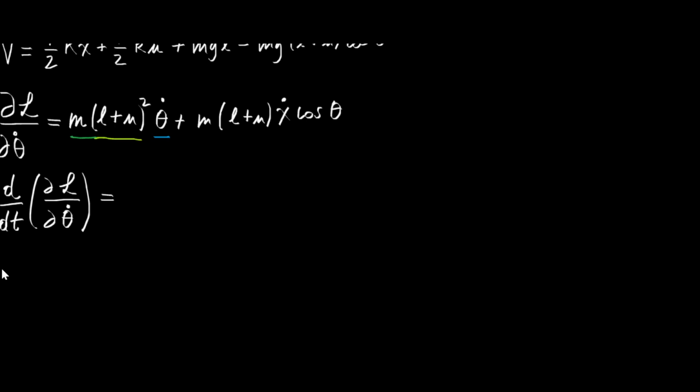The derivative of the green one is 2 m (L plus u) times u dot, by chain rule, times the blue function, plus green times the derivative of blue, which is m (L plus u) squared theta double dot.